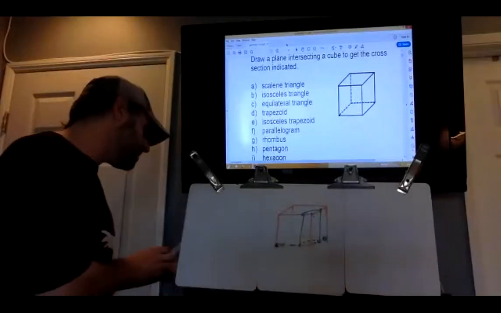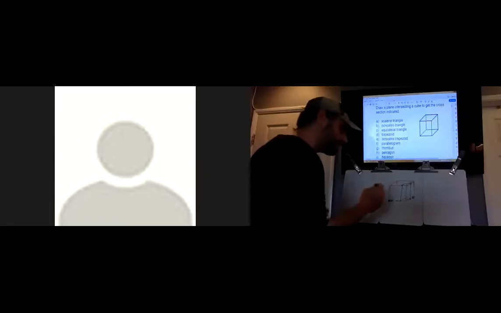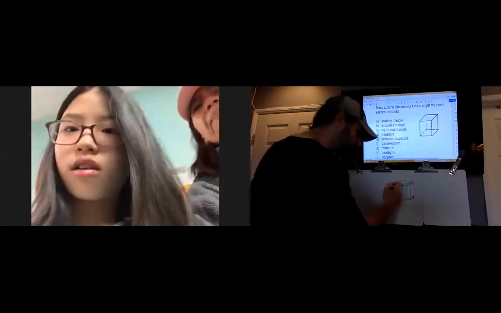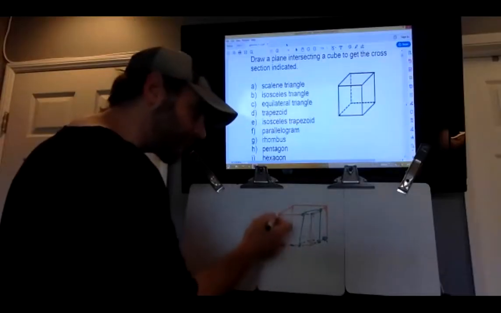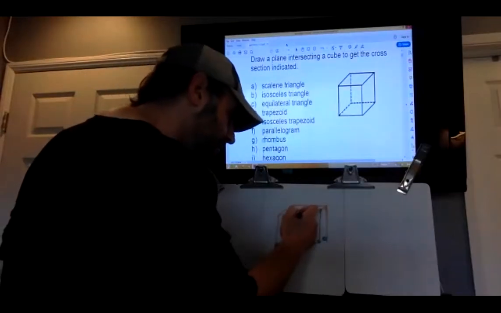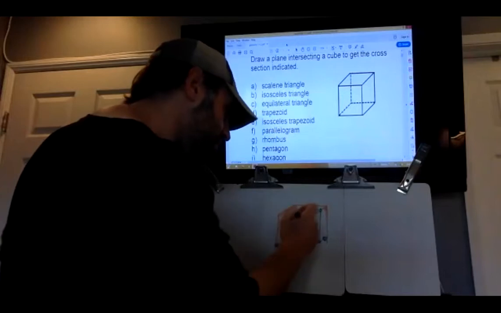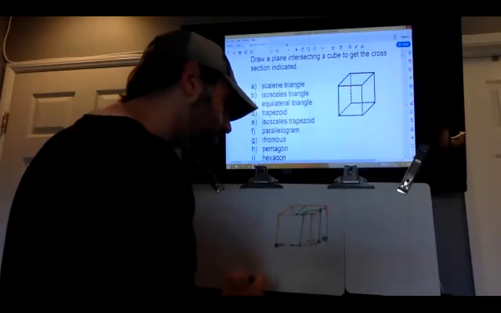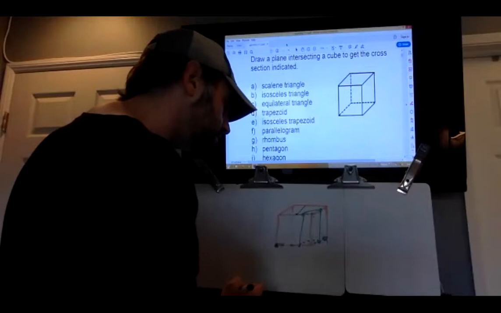All right, rhombus. Do the same thing you did there, but it wouldn't be a rhombus if you went through the corners, right? Because if you went across, that would be the diagonal of a square, and then you would come down straight and that would not be the diagonal of a square. So how would you make sure you got a rhombus? Maybe cut through this direction. You have to cut through the bottom corners and in the middle of the side at the top.